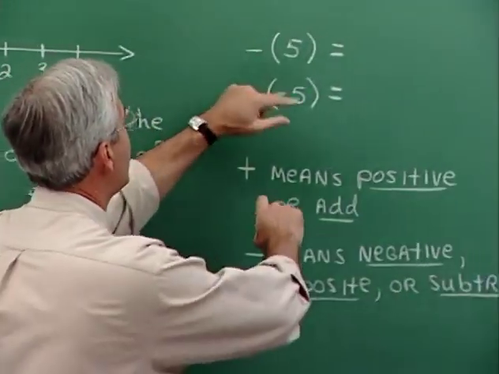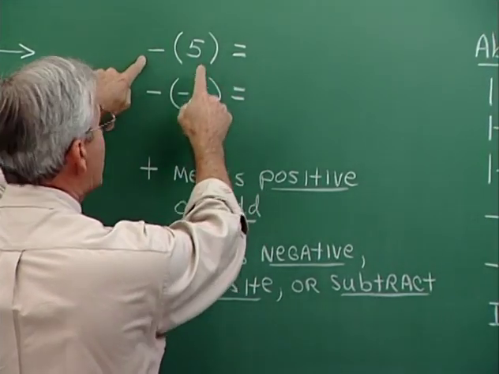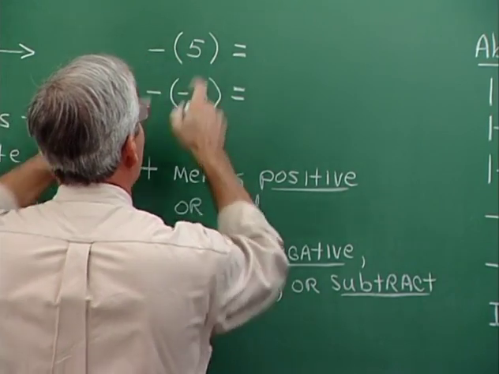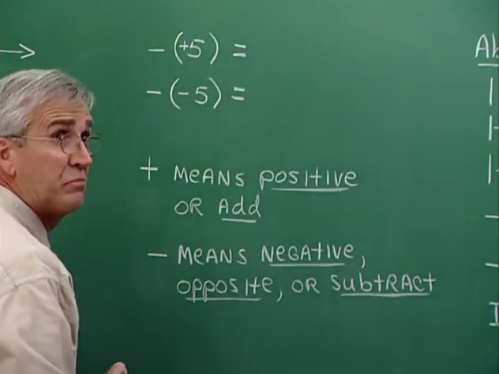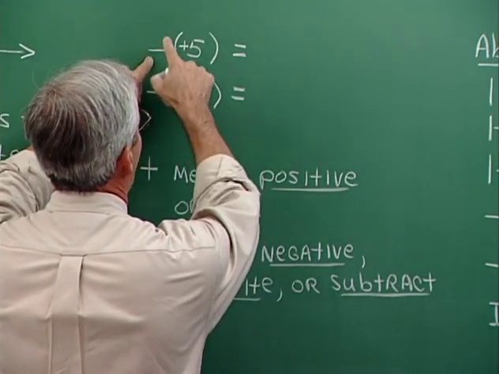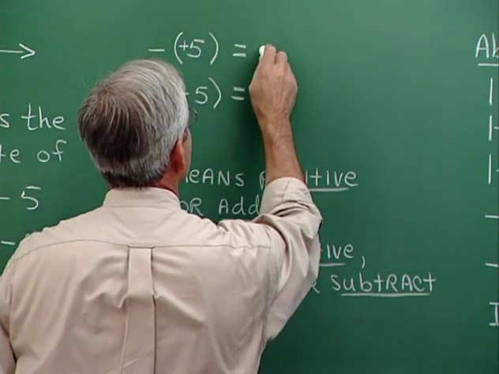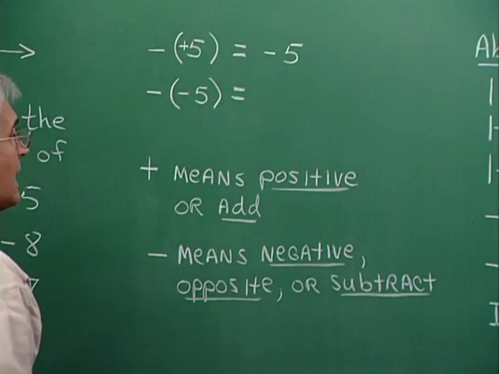What does this mean? Well, it means the negative of 5, or it means the opposite of 5, the opposite of +5, just putting it in there for emphasis now. So this means the opposite of, or the negative of 5. Well, that's just -5. Now, what's this?